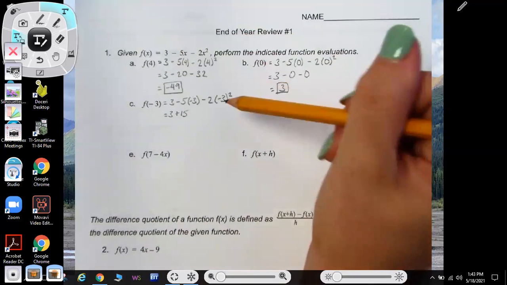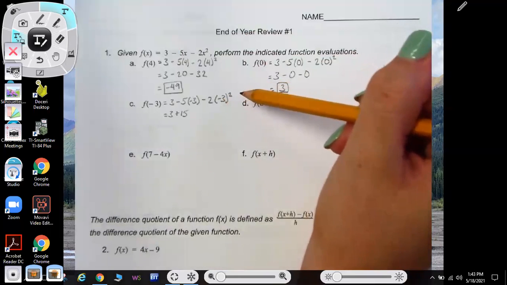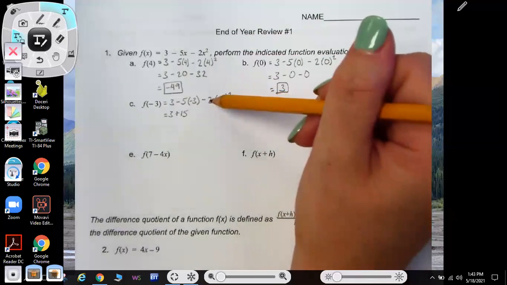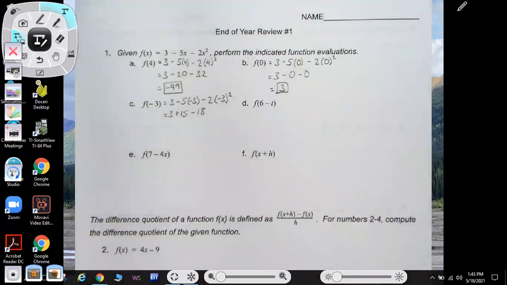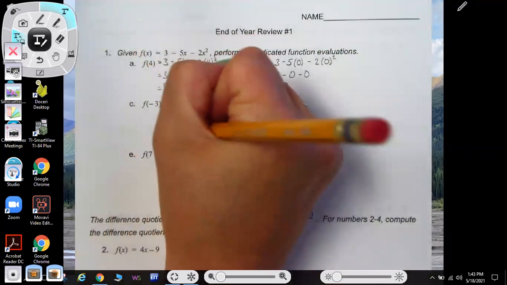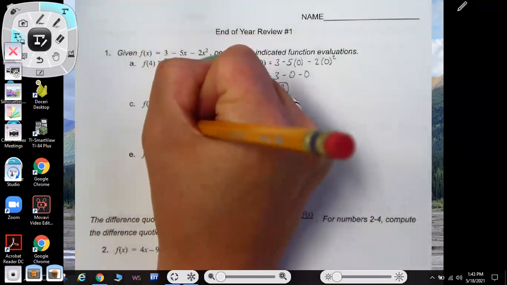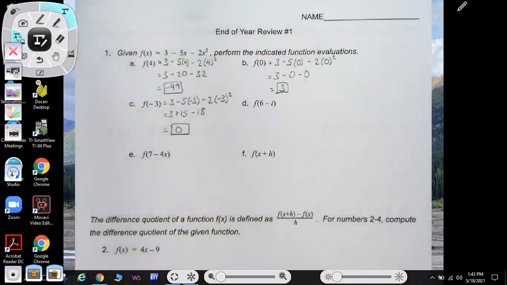Then we have negative 3 squared, which is a positive 9, times negative 2 is negative 18. 3 plus 15 minus 18 is 0. Answer for number 1C is 0.